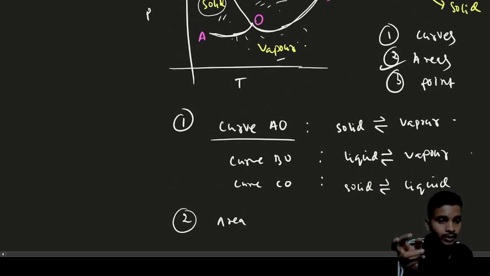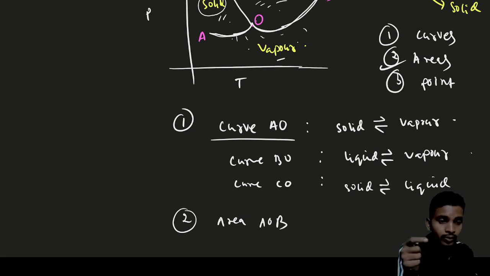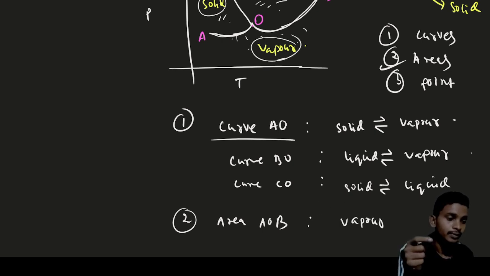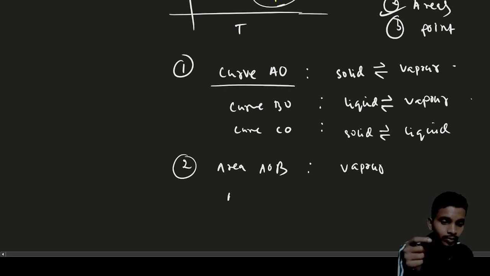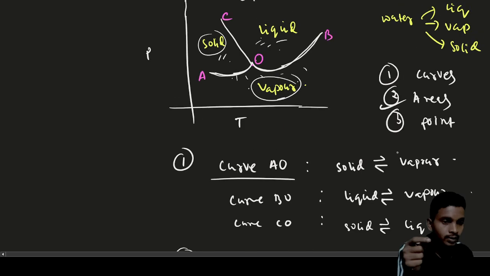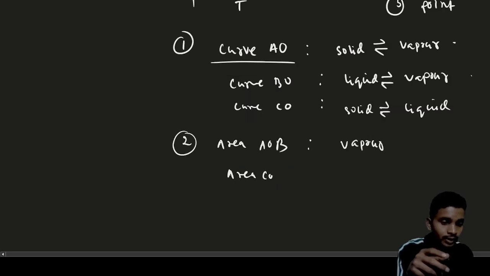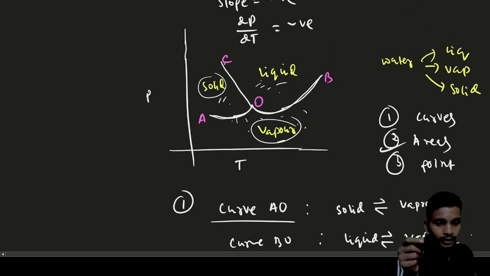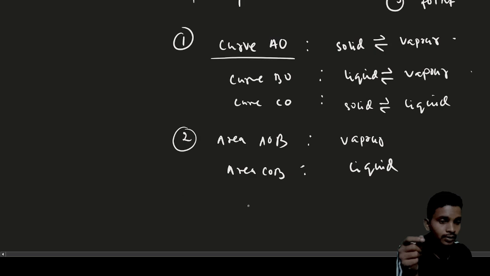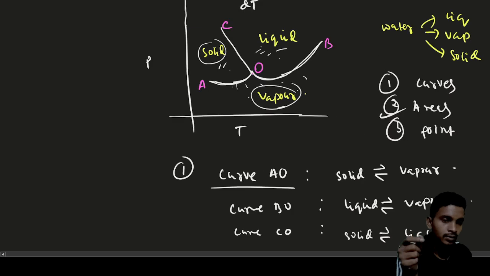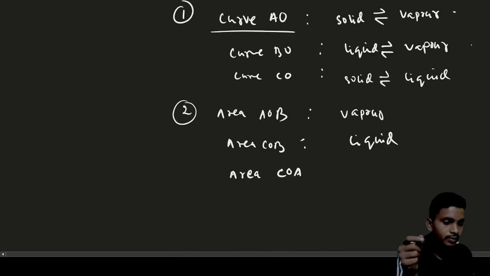What does area AOB say? In area AOB only vapor is there. In area COB only liquid you will find. Similarly, in area COA only solid.